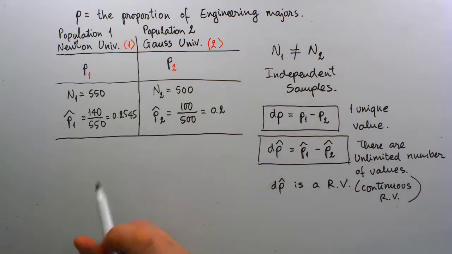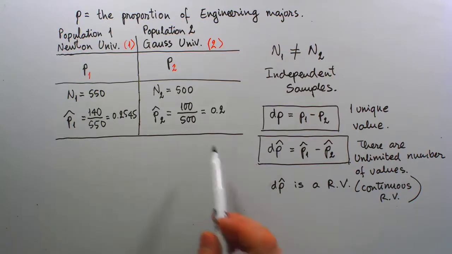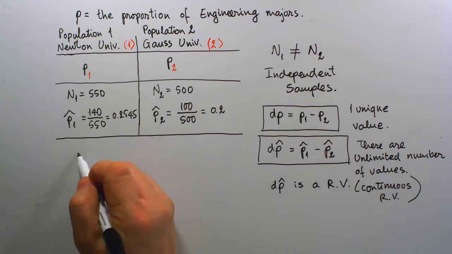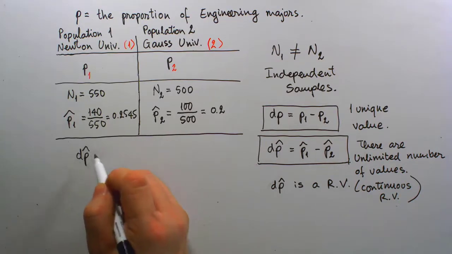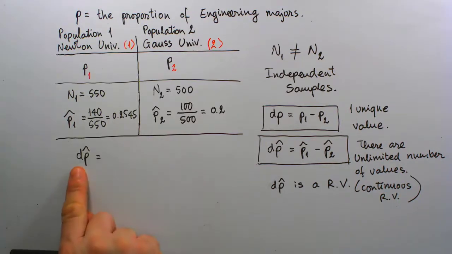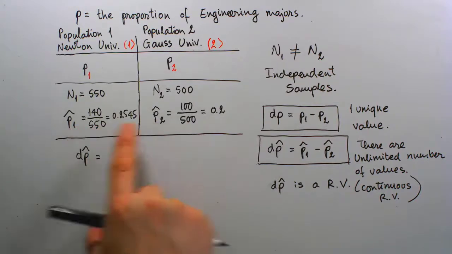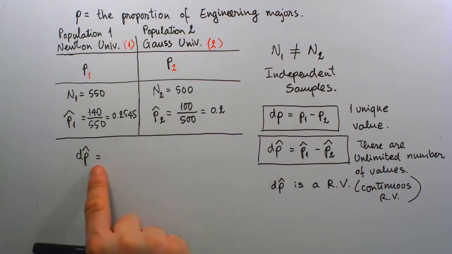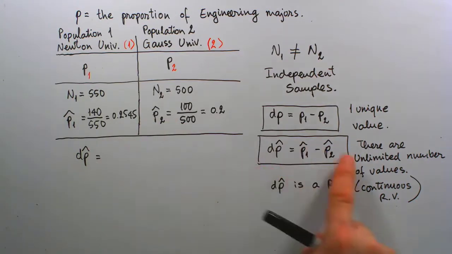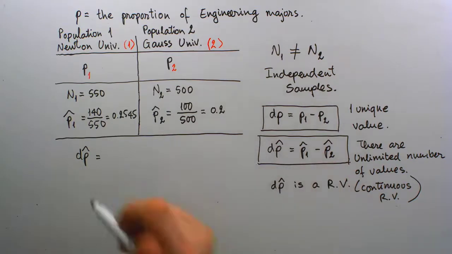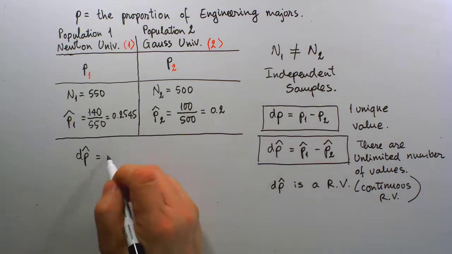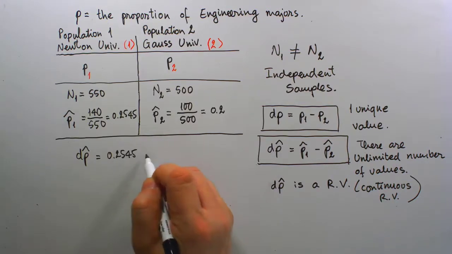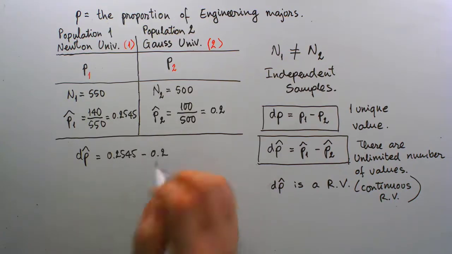Before I start getting into question A, sooner or later we are going to need to use the actual difference in the two samples that we already had. So dP hat, right from our two samples here, is only one value among infinitely many of these dP hat values. Our dP hat here is 0.2545 minus 0.2, the difference between these two values.